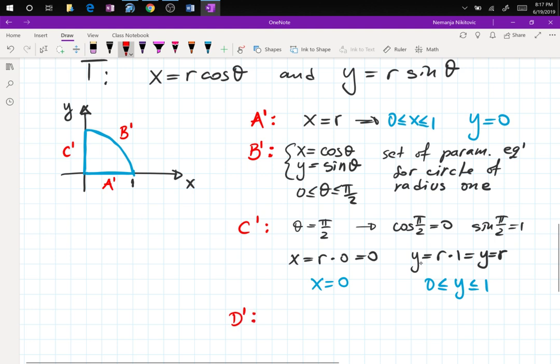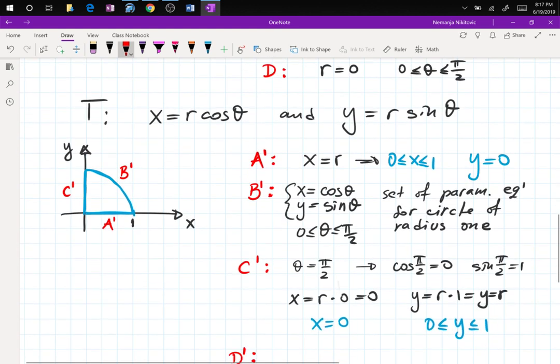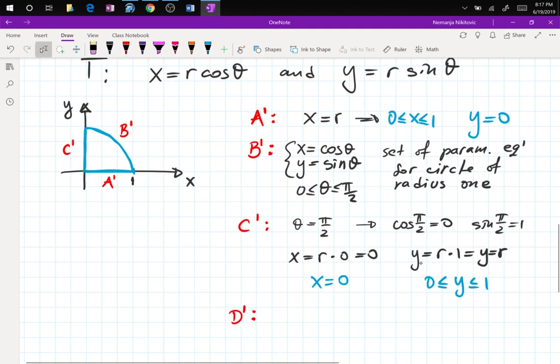D prime, I have r equal to 0, and when r is equal to 0, that just kills both of these. So you have your x equals 0 times cosine theta, well that's 0, and y equals 0 times sine theta, that's also 0, so x equals 0, y equals 0 gives you a point 0, 0 at the origin.